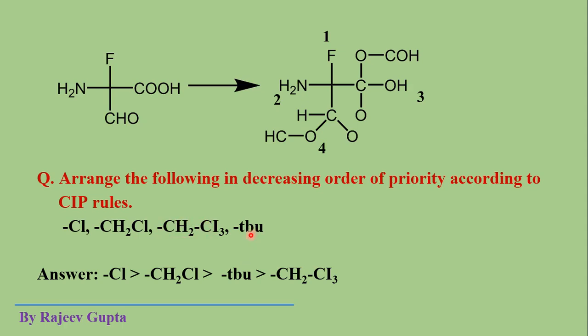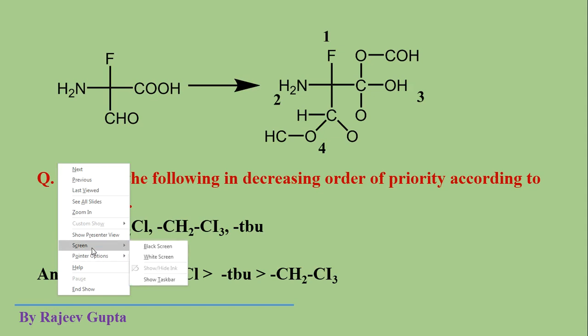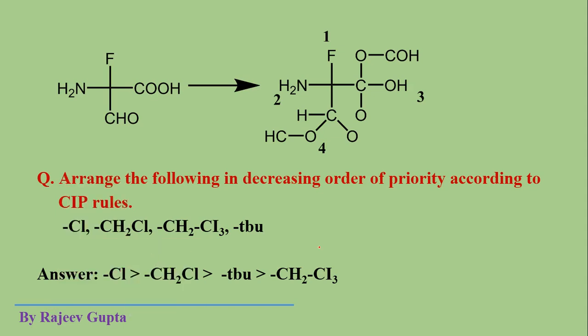Here, if we see what the tertiary butyl group is, this is the tertiary butyl. This carbon atom is directly attached to the chiral carbon.